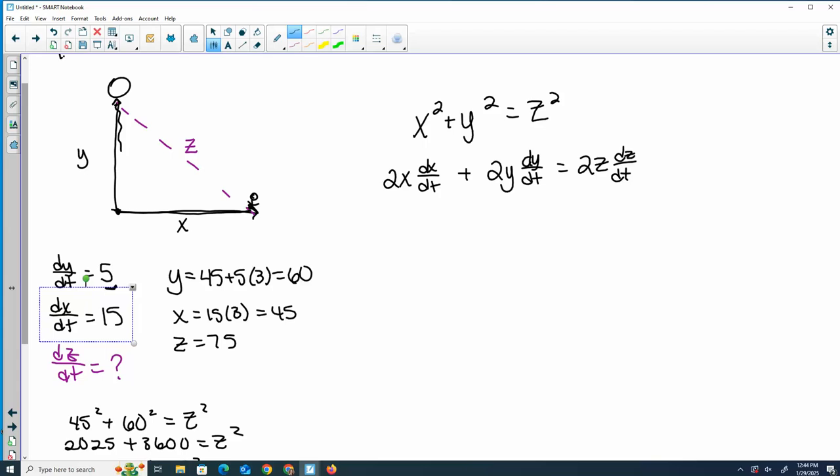So then we plug in. x is 45, dx/dt is 15, plus 2, y is 60, dy/dt is 5, equals 2, z was 75, dz/dt.